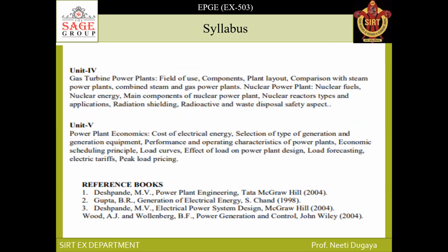In unit 4, we'll study the gas turbine power plant, field of use, components, plant layout, comparison of gas turbine power plant with steam power plant, then combined steam and gas power plants, then the nuclear power plant.